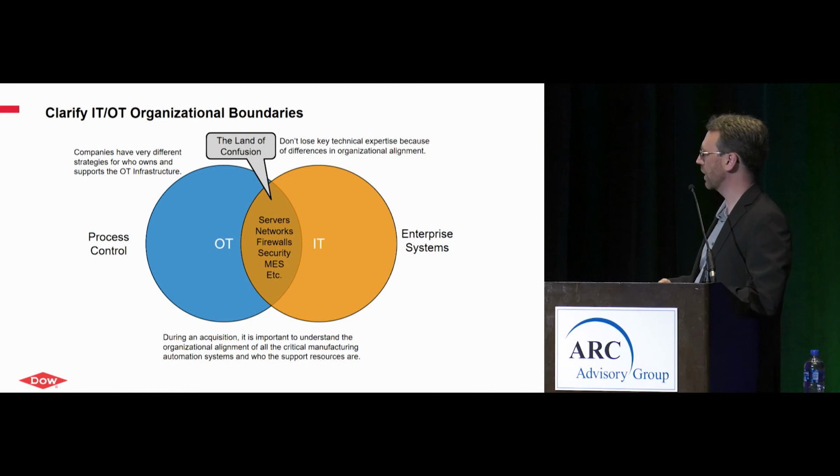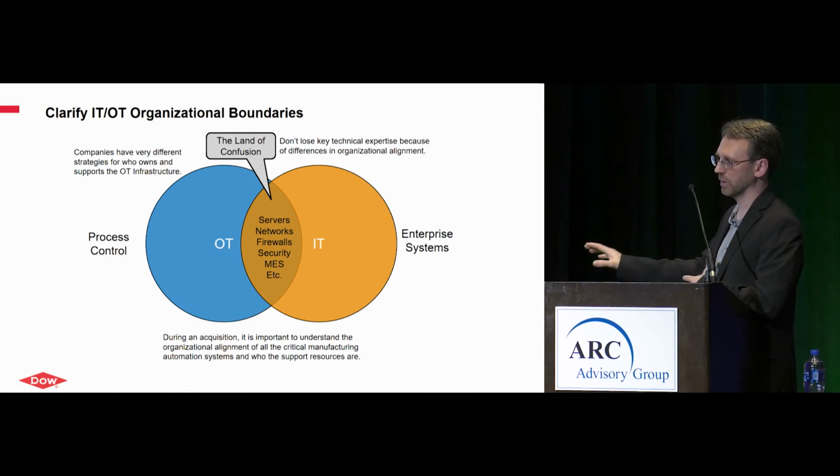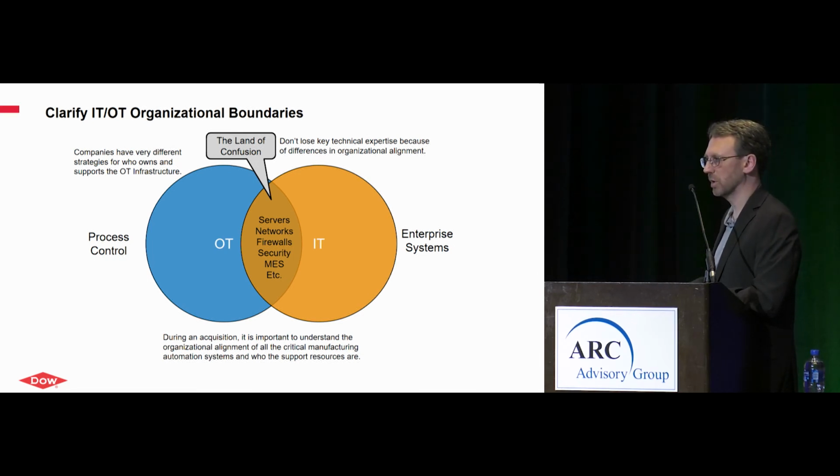So the servers, the networks, the security, the firewalls, your MES environment, and understanding where the lines are drawn in your own company and in the company that you're acquiring, and making sure that you identify the resources that are supporting those mission critical applications, so that you don't lose those skills in the process of doing the merger.